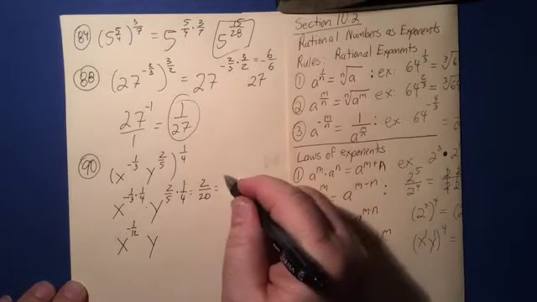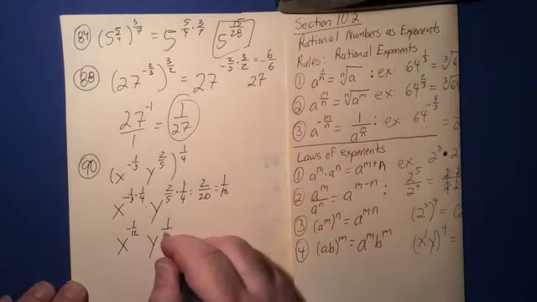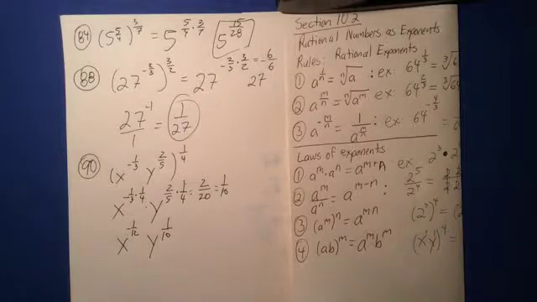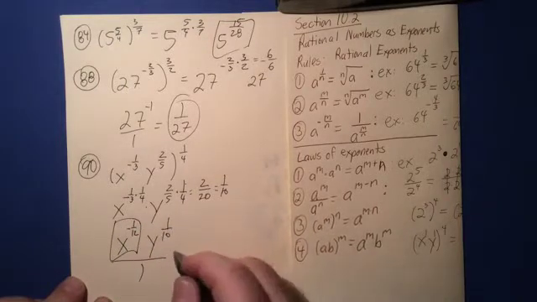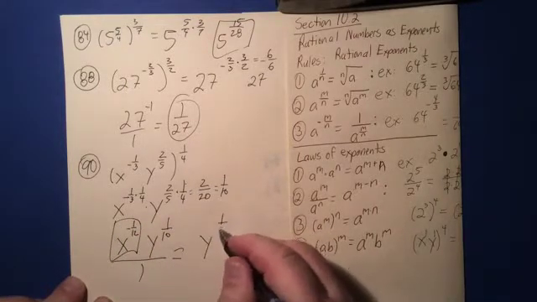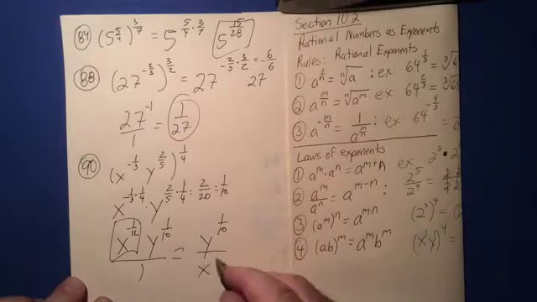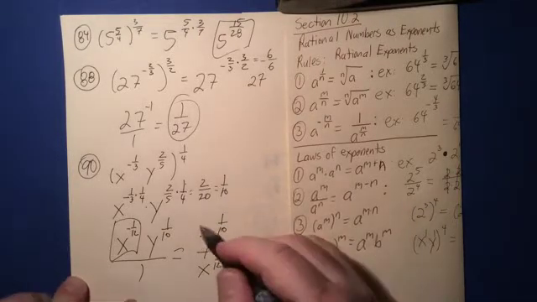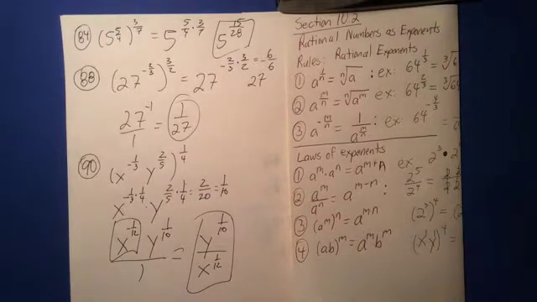Well, 2/20 simplifies to 1/10, so I'll just write that here. But now if I put this as my final answer, I have something negative here. So what I'm going to do is take this, put it over 1. I'm boxing this, and I'm going to move it below, so I have y to the 1/10 over x to the positive 1/12. And this is how my final answer for this type of question should be expressed.